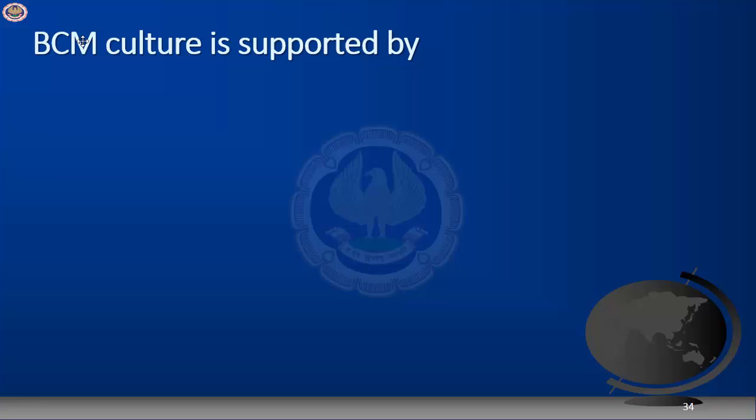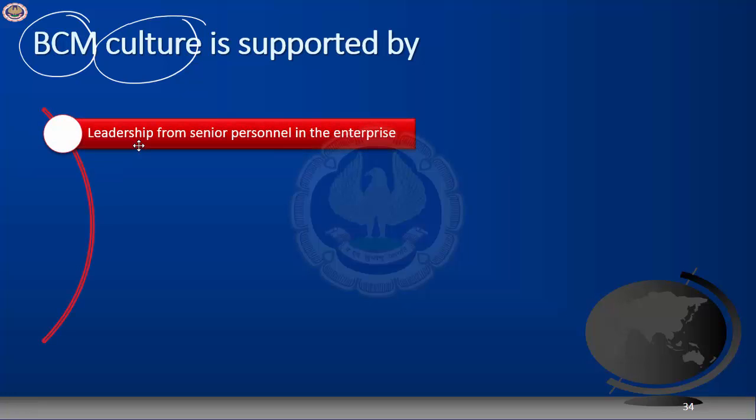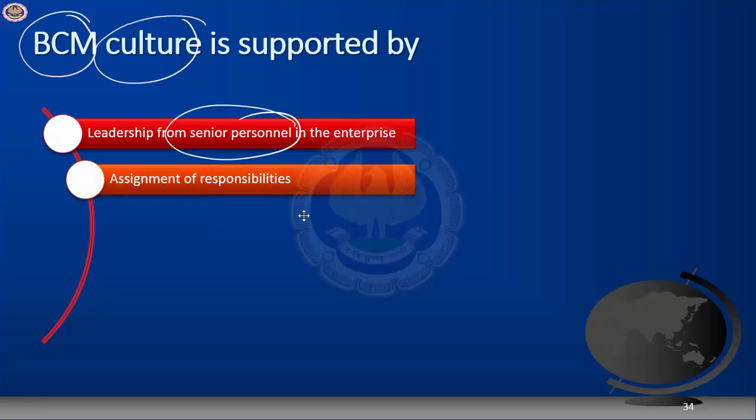When you implement business continuity management, this is more of a culture. So the staff should be informed clearly of the criticality of having a BCM which meets the needs of the enterprise. The leadership has to be provided by the senior personnel who emphasize and clearly communicate the importance of having a BCM. You assign the responsibilities as required to different teams.